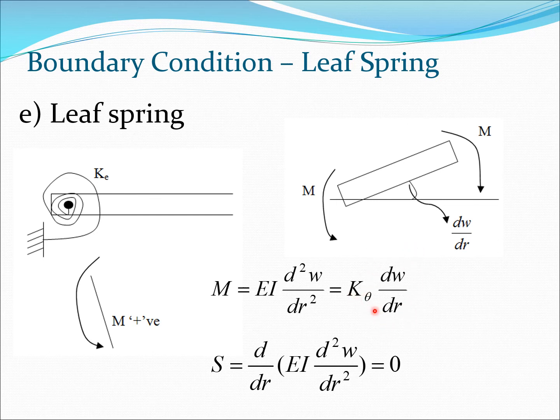So essentially this K theta is multiplied by this slope, and that essentially creates the moment at this particular boundary point. The shear force is 0 in this case. So these are the boundary conditions for the typical leaf spring.